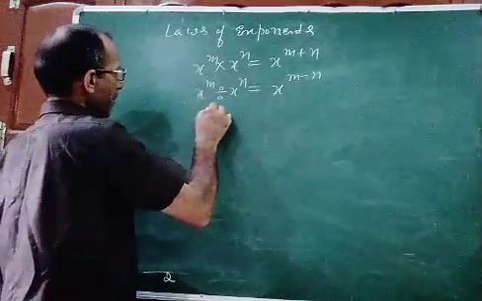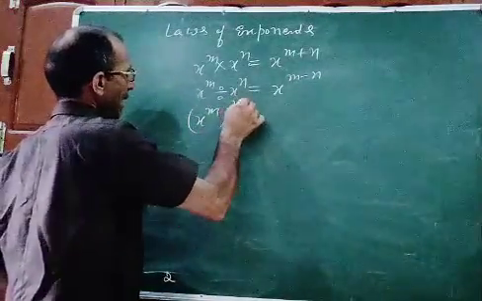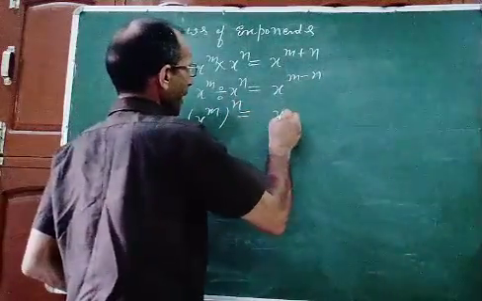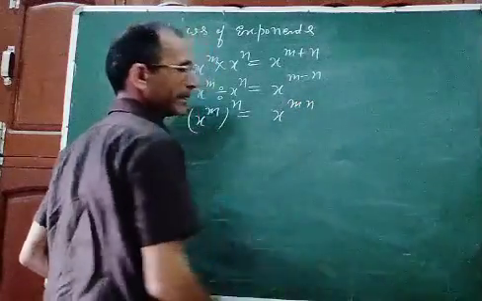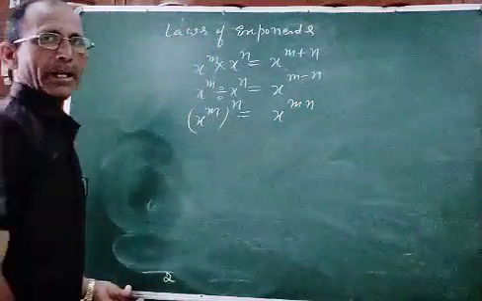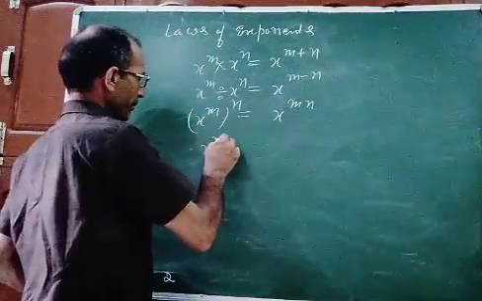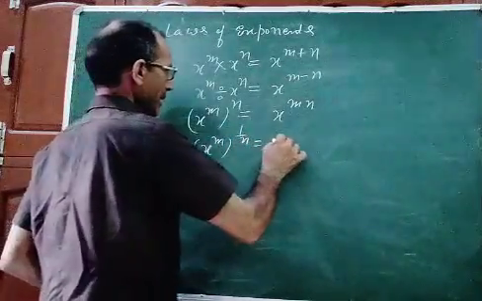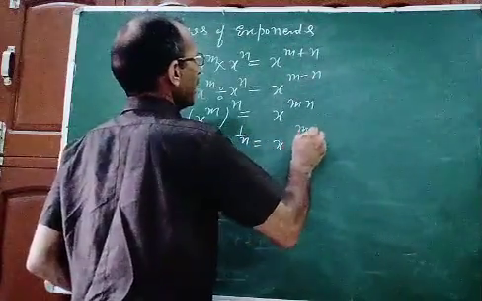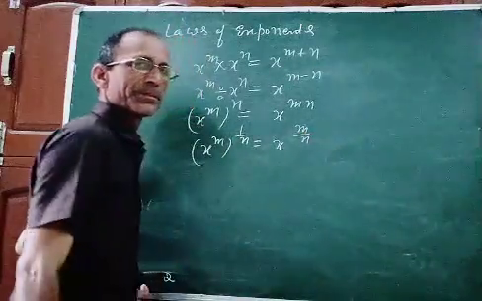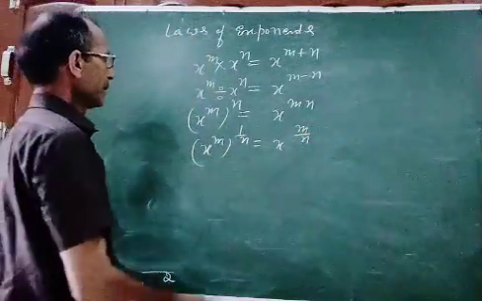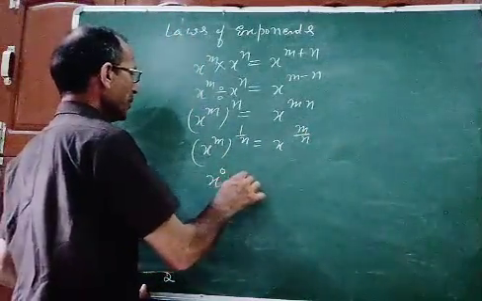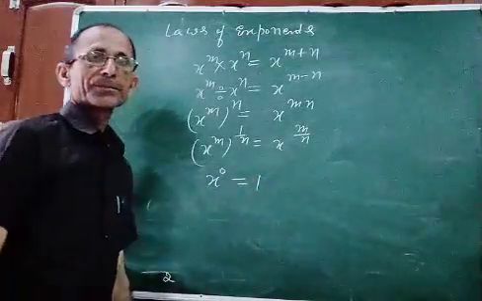X raised to the power m whole power n is equal to x raised to the power mn. X raised to the power m whole power 1 by n is equal to x raised to the power m by n. X raised to the power 0 is equal to 1.